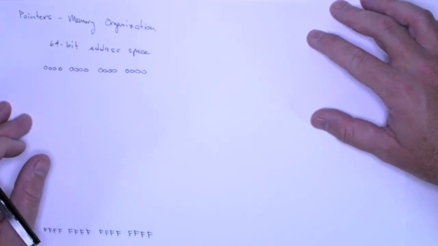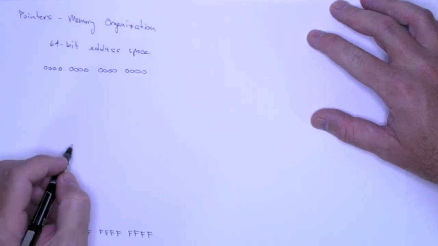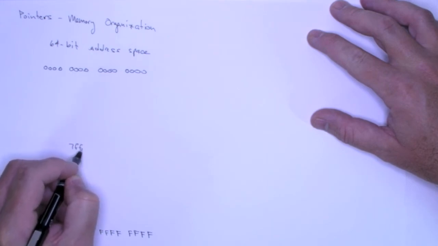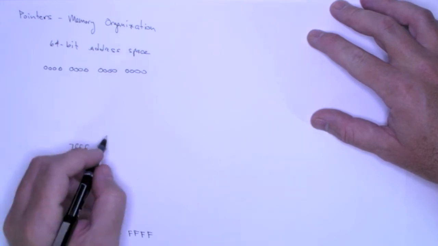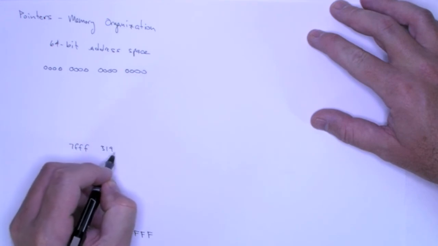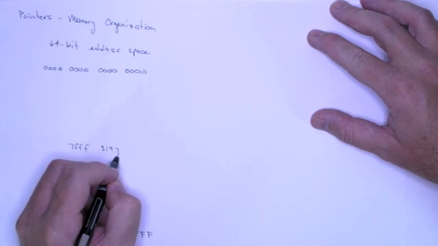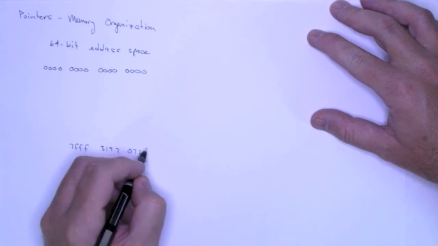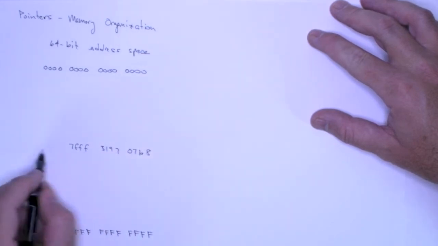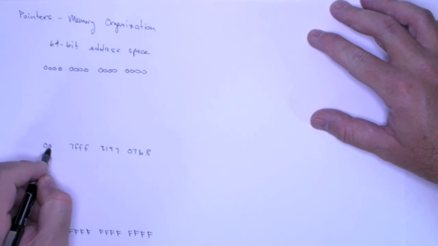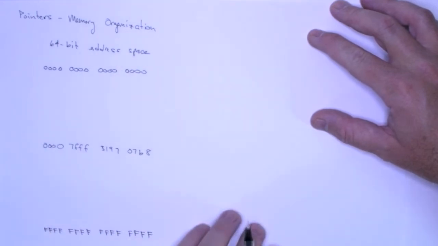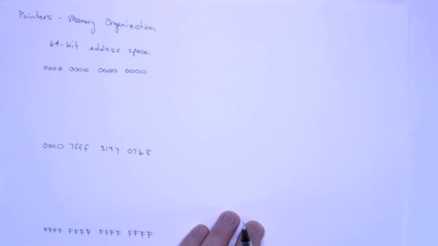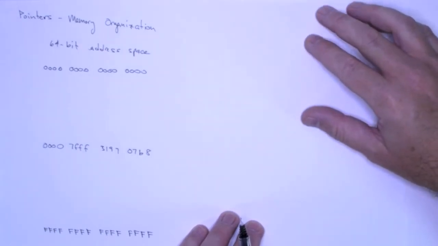So when we ran our user program, it put Y at 7FFF 319707B8, and we just had a padding of zeros over here that it didn't print.